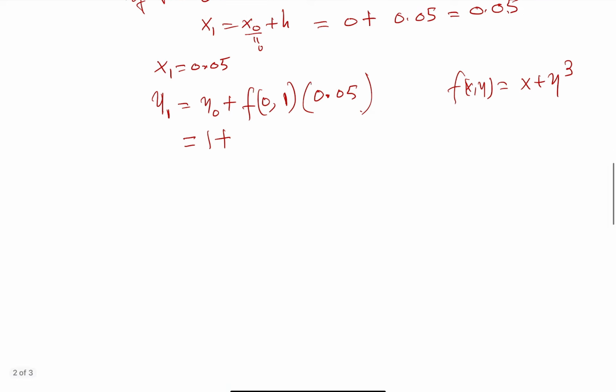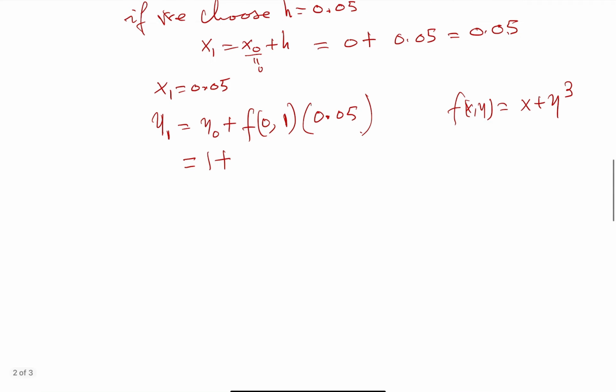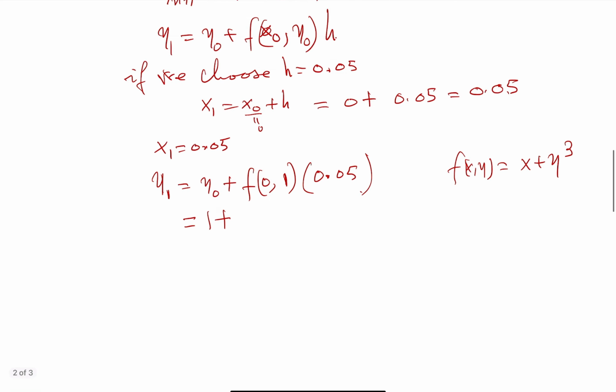So now we just have to calculate f of 0 and 1, which is equal to 0 plus 1 to the third. This one is just 1.